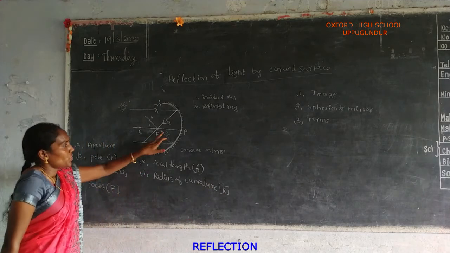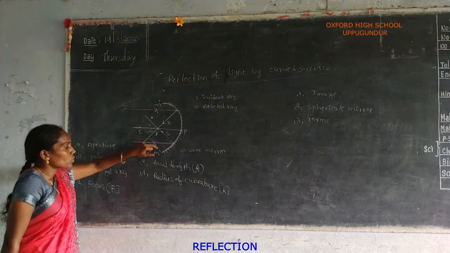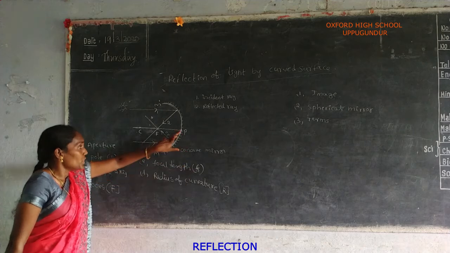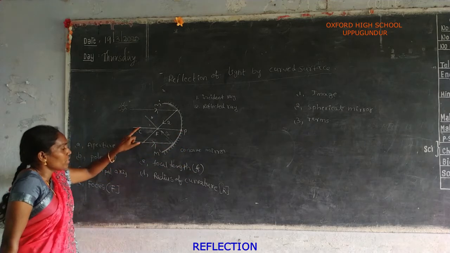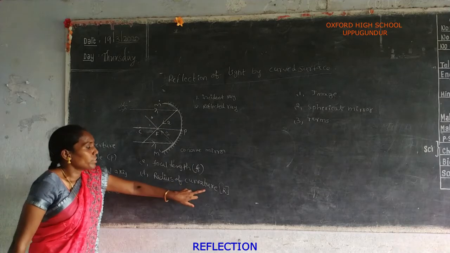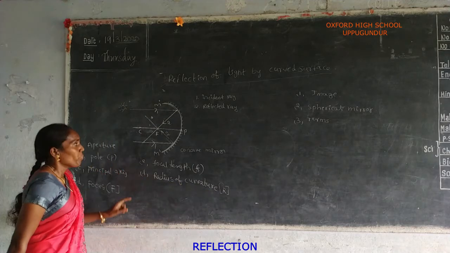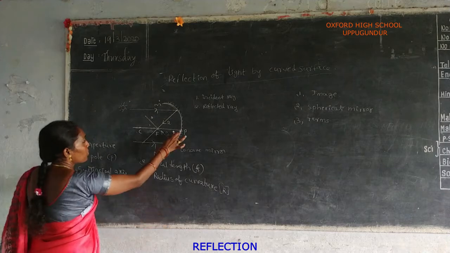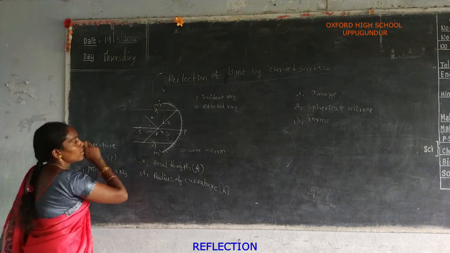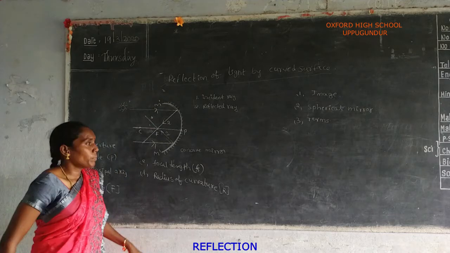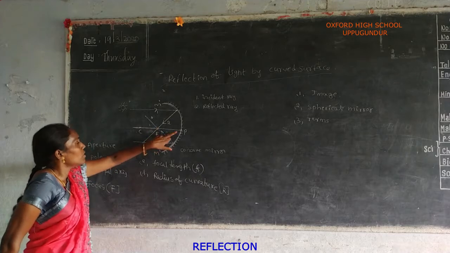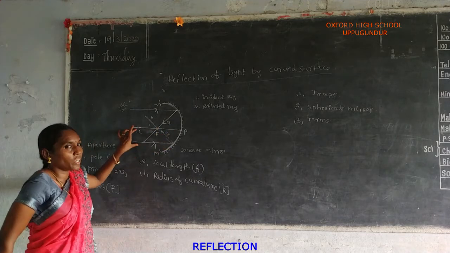The distance from pole to focus is called the focal length. It is represented by the small f. The distance from pole to center of curvature is called the radius of curvature and it is represented by the letter capital R. Here the distance from pole to focus is equal to the distance from focus to center of curvature.